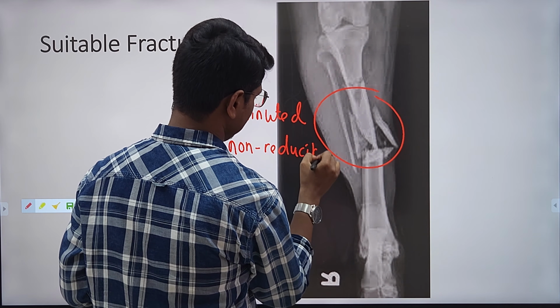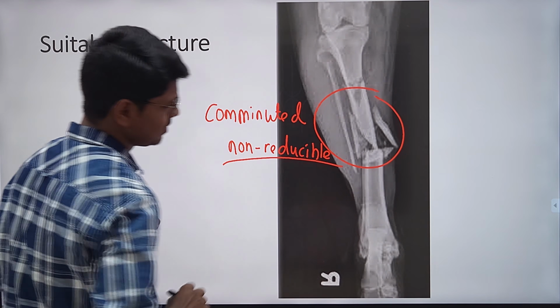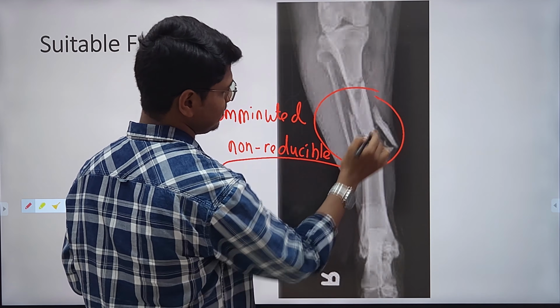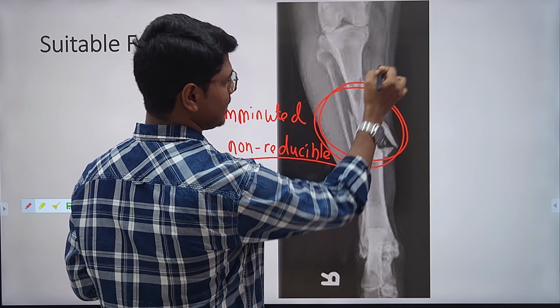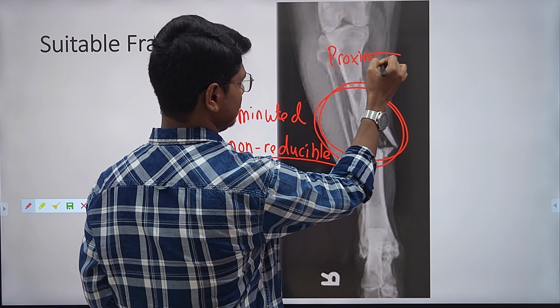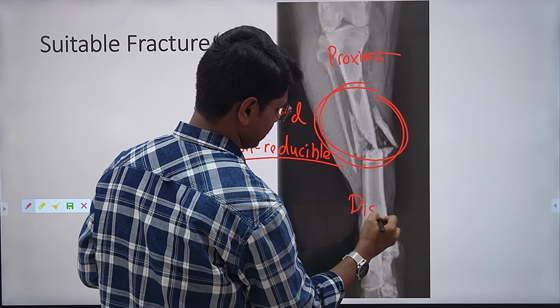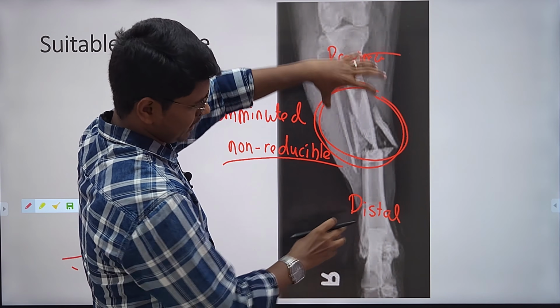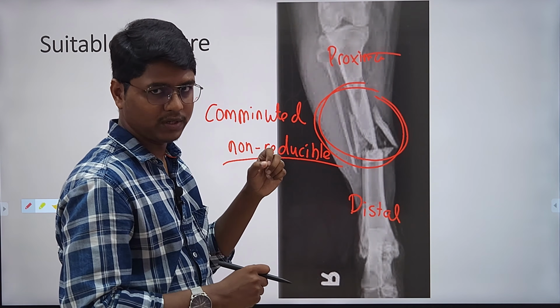Here the principle is, you see this particular segment is comminuted. This is the proximal segment, this is the distal segment. When there is a comminuted fracture, it will also be contracted.